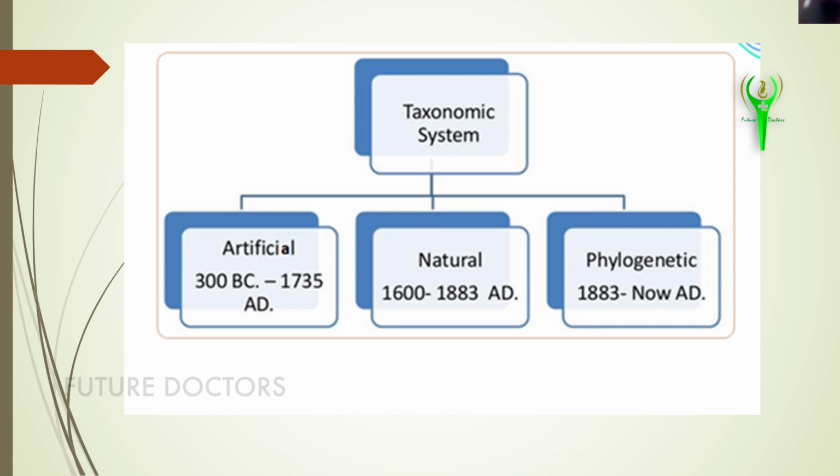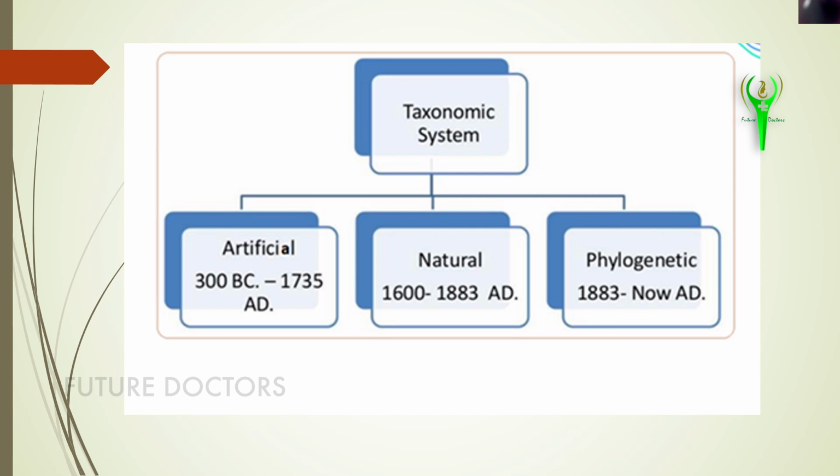Such systems were artificial and they separated closely related species since they were based on few characters. Also, the artificial system gave equal weightage to vegetative and sexual characteristics.